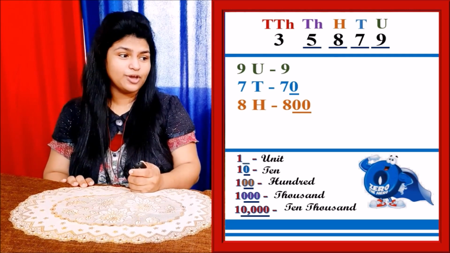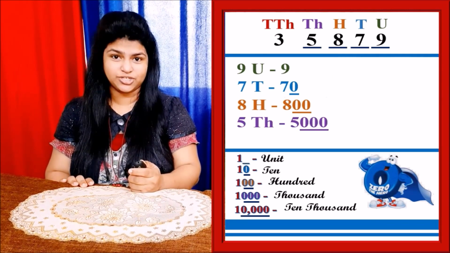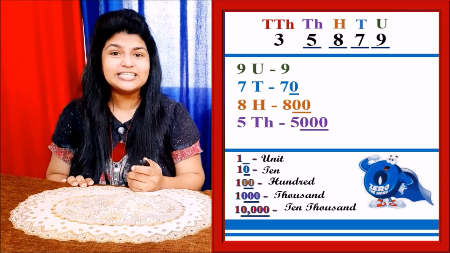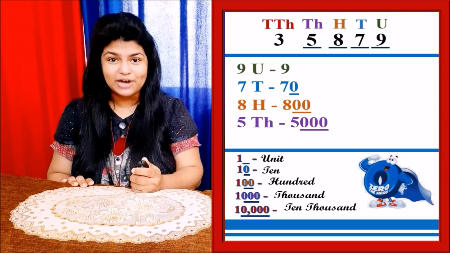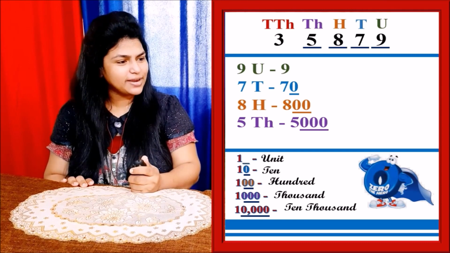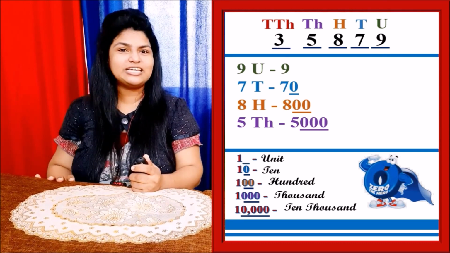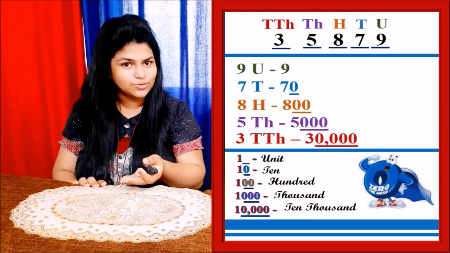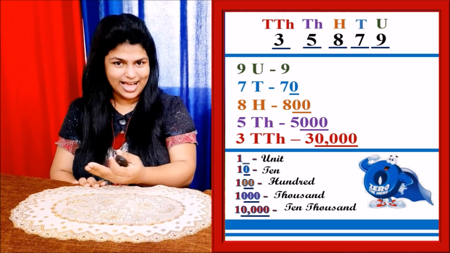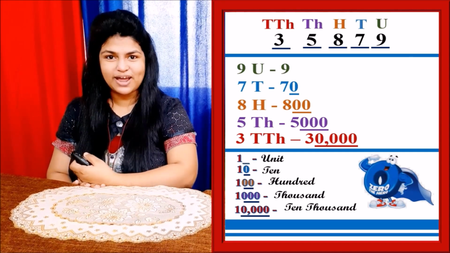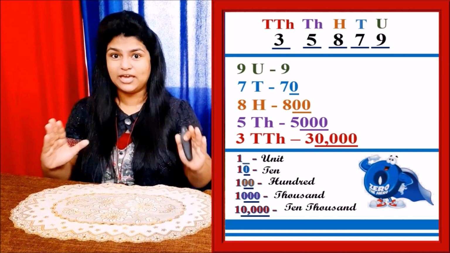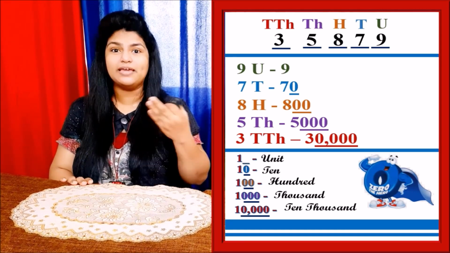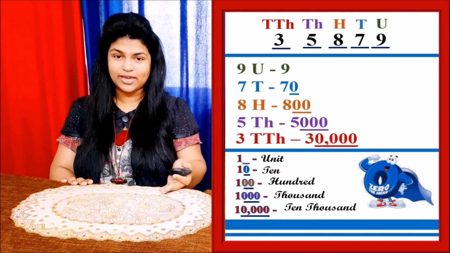And then what about 5? 5,000, 5th. Okay, 5th has 3 zeros. Did you notice that? Because 1,000 also has 3 zeros. And then we have 3th, that is 30,000. And so 30,000 has 4 zeros. Can you see how the number is becoming big as the zeros are being added to it?